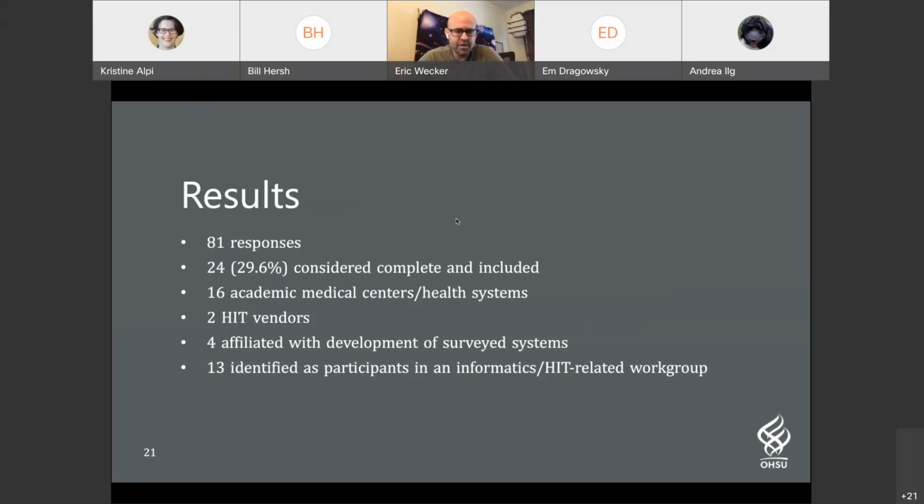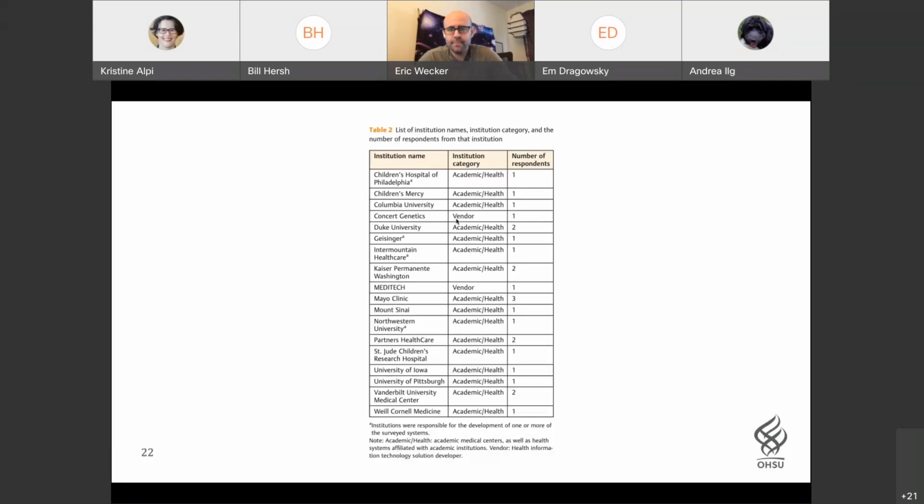And 13 respondents self-declared their involvement in an informatics or HIT work group. So here are the institution names and number of respondents from each institution. A couple of places had 2 respondents, but most had only 1.